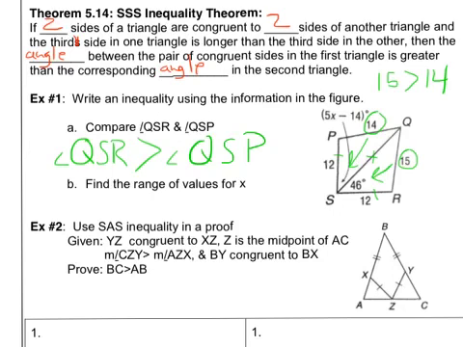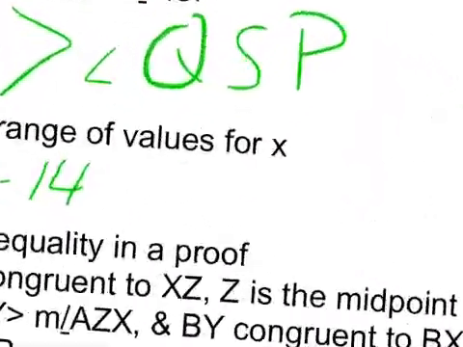So their relationships are going to match up. If 15 is bigger than 14, then this angle is bigger than that angle. That's it. Well, let's plug in what that means. Remember, QSR was 46 degrees, and QSP was 5x minus 14. And I'm going to zoom in so I can have some space to do this math.